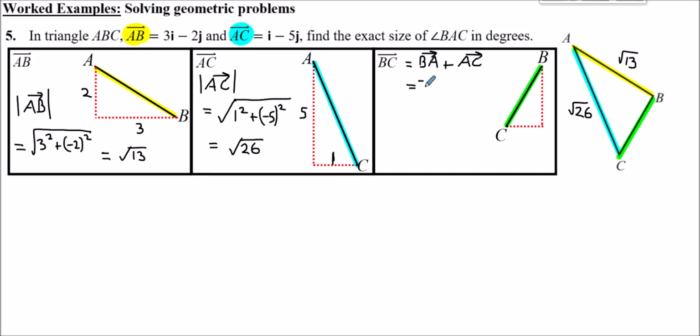So BA is minus AB plus AC. Why on earth would I put a times sign there? I must be tired. Apologies. I mean plus.